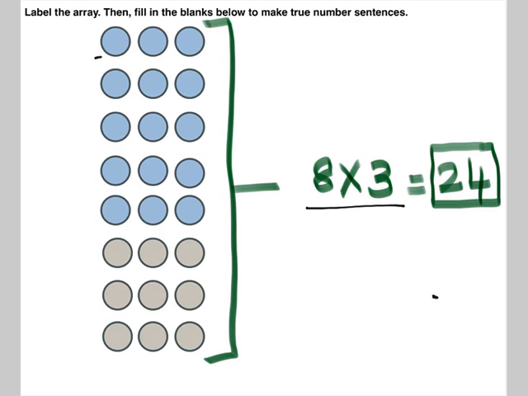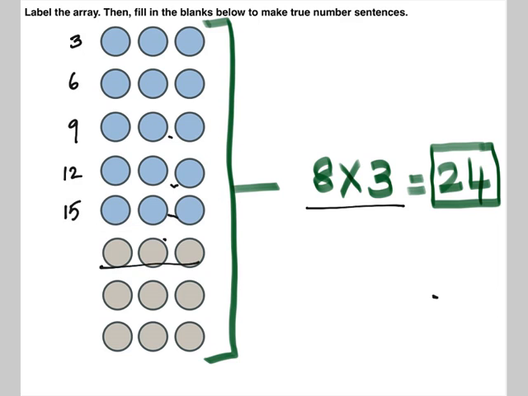Let's check. So this is one group of 3. So let me write 3. This is the next group of 3. So 3 plus 3 makes 6. And 6 plus 3 makes 9. And 9 plus 3 makes 12. And 12 plus 3 makes 15.